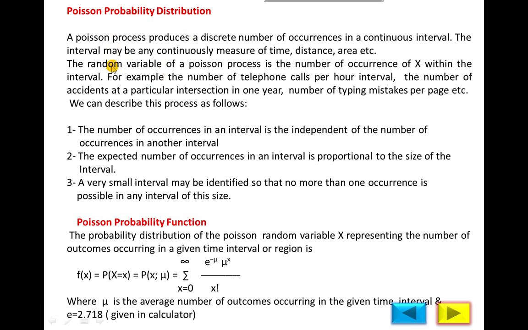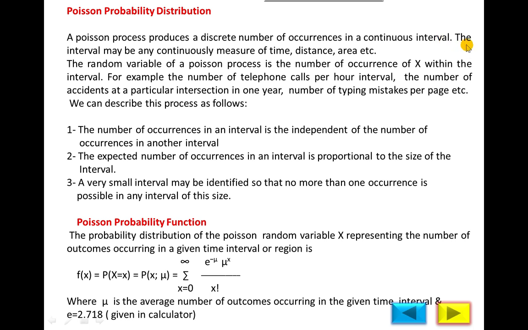So these are the characteristics and properties of the Poisson probability distribution. A Poisson process produces a discrete number of occurrences, same as the binomial. In Poisson distribution, the outcomes or occurrences are discrete within a continuous interval.